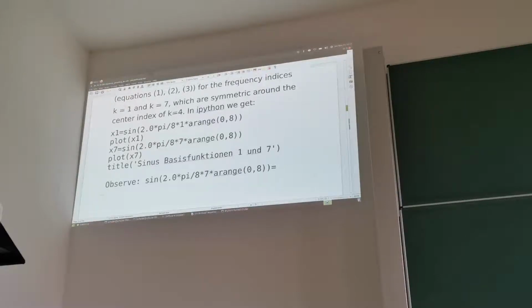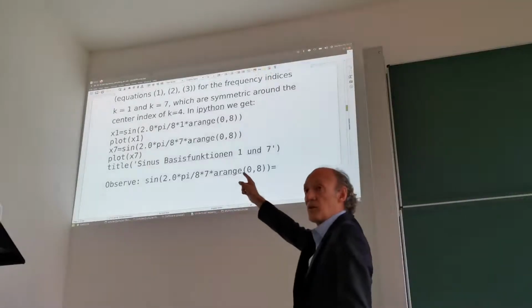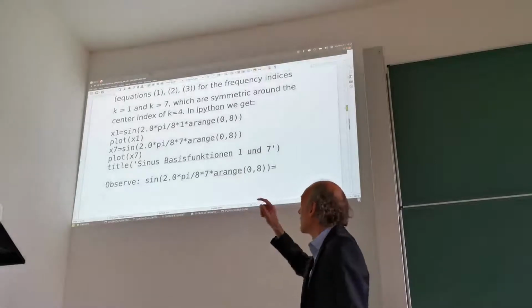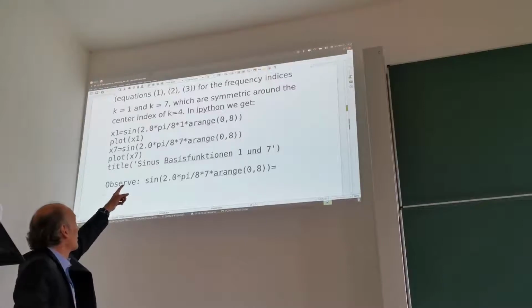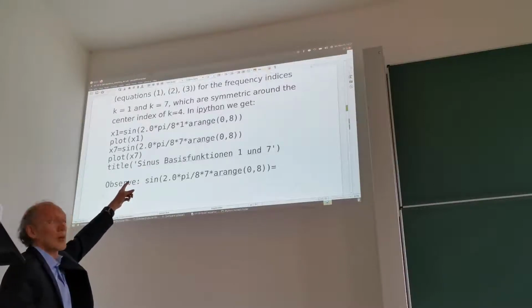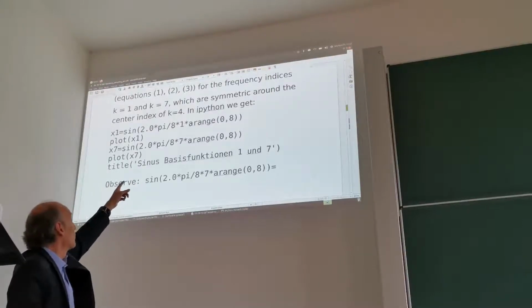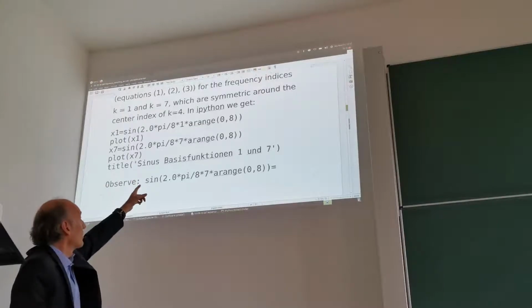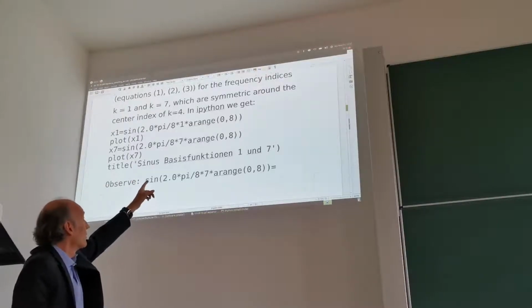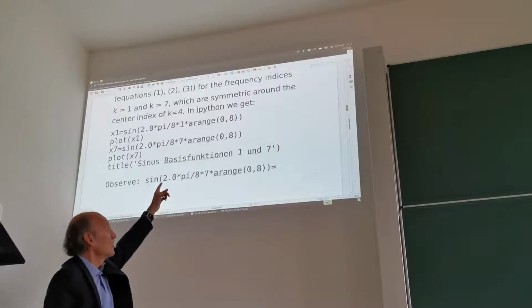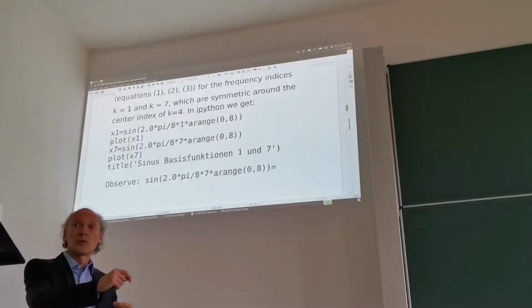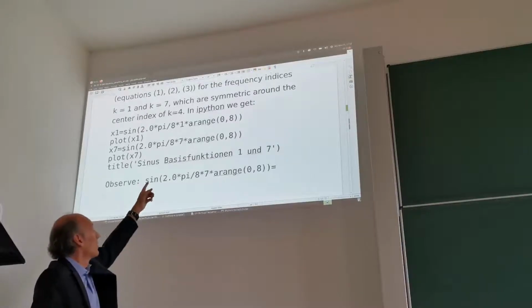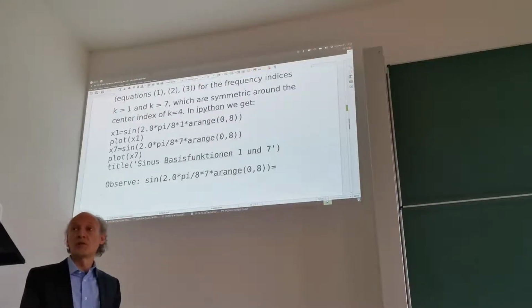So these are basically the sine function of this exponential function of the DFT. So here we have this 2 pi over N, right? Capital N was 8, and we have 2 pi, then times k, and times n. So this range here is the small n going from 0 to 8, excluding 8. And number 1 and number 7 was the index k.